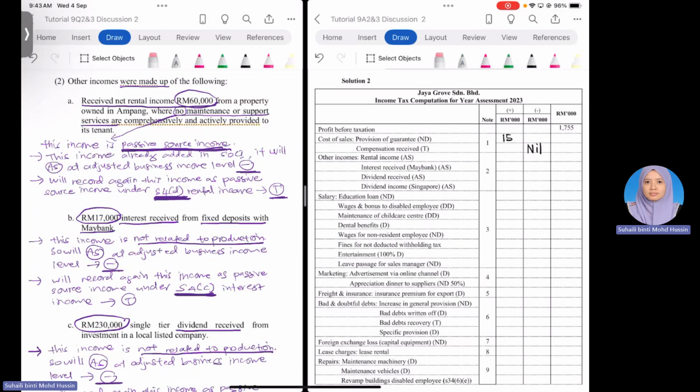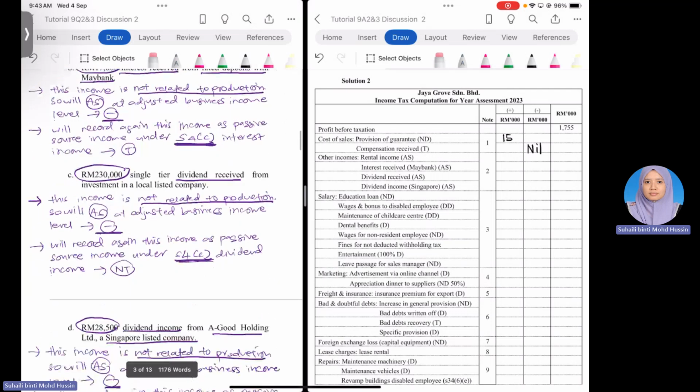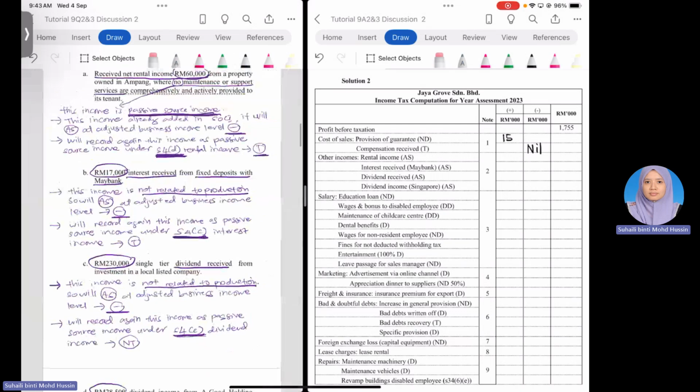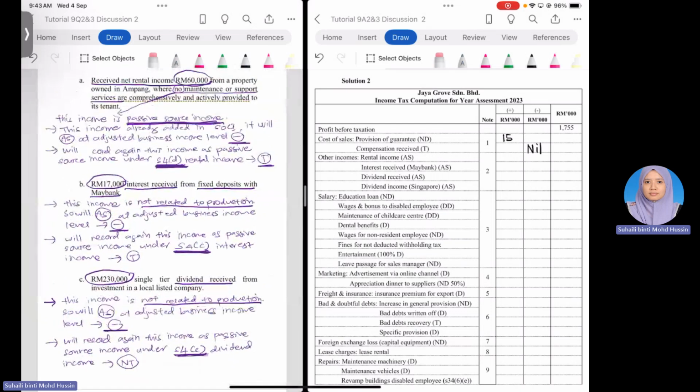If you look at 2A, 2B, 2C, and 2D, all the income that the company receives or earns during the period is not related to the production of household product. In 2A, the company received rental income, where they have a property, rented out this property and got the rental income. How do we say that this rental income is not related to production?